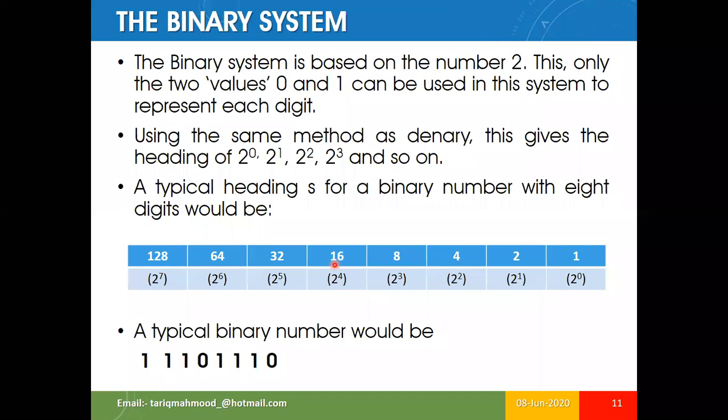I would like whoever is attending our lecture to write down these tables in their notebook. If we represent these in binary, with 8 digits, it is written as 1 1 1 0 1 1 1 0. This is a typical binary number.